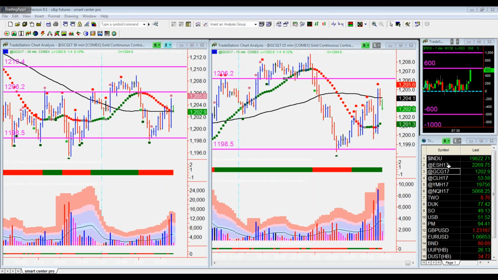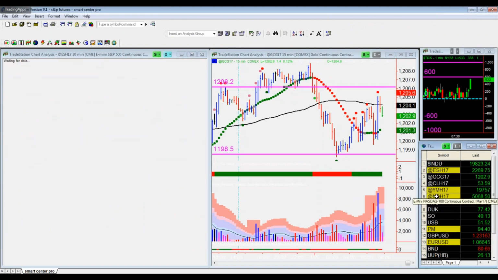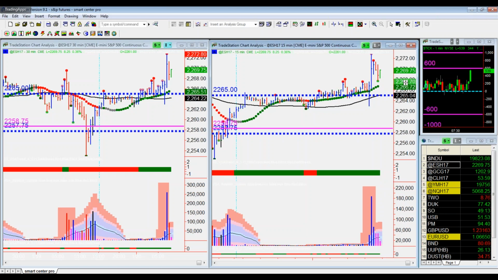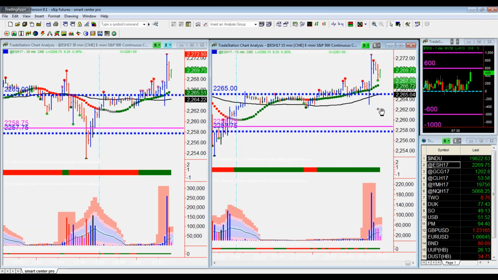Let's see what the S&Ps are doing here. We've got a nice sign of strength here on the 15-minute chart. 2270.75 is the high of that bar.